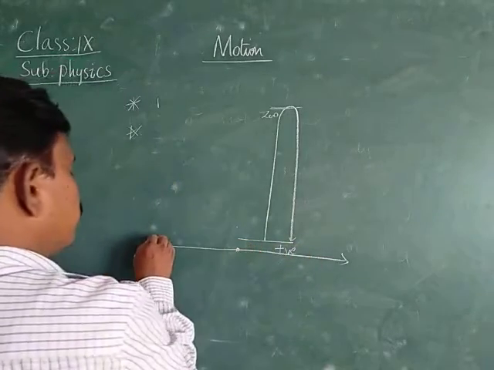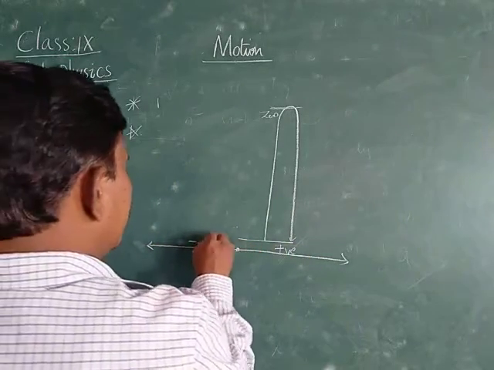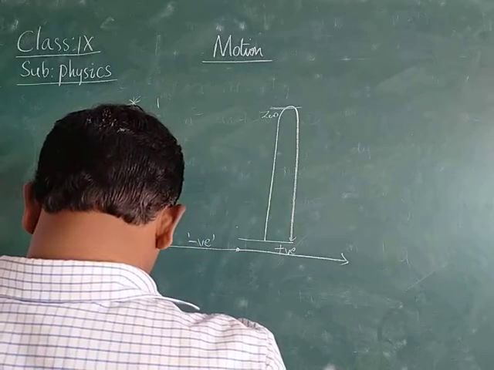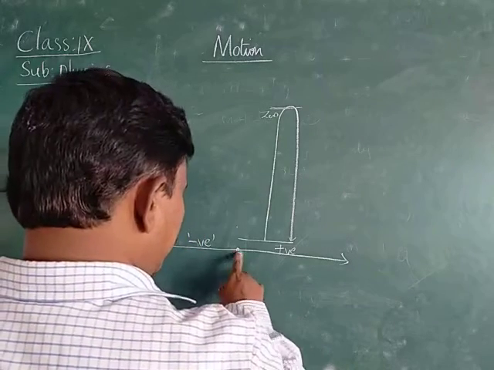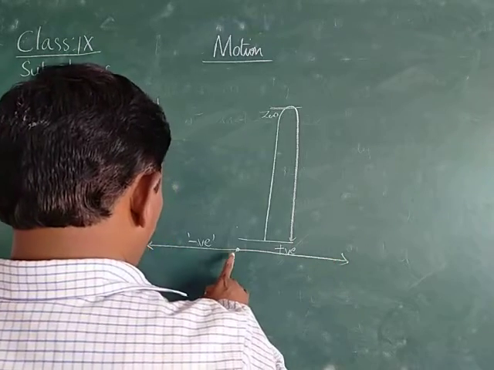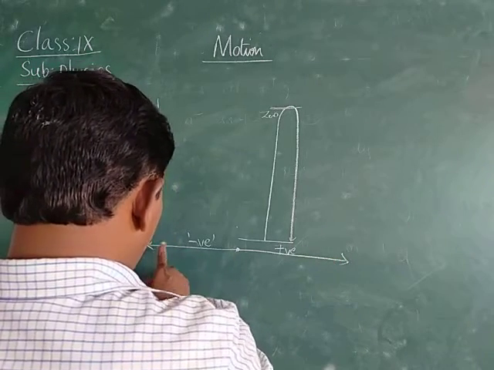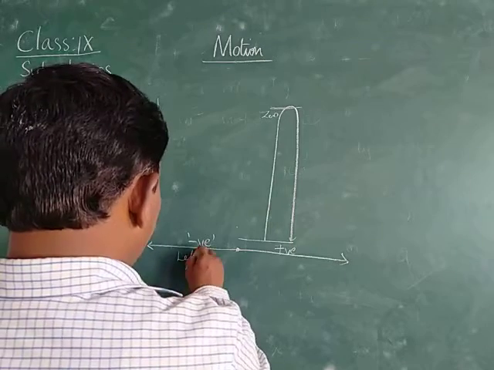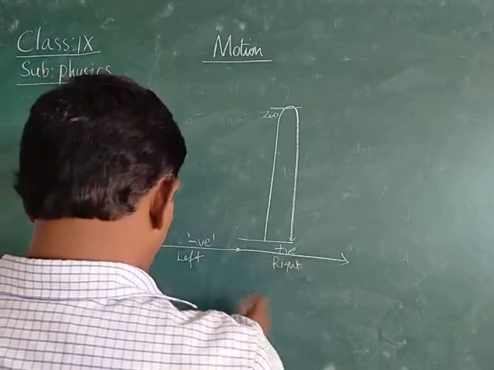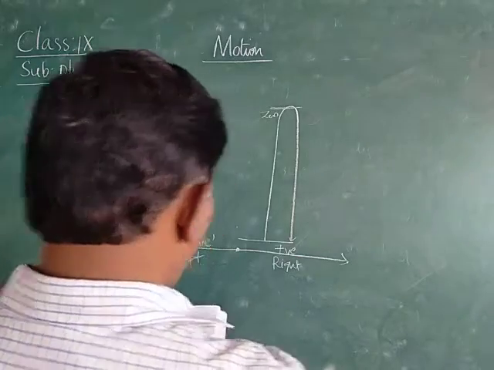If the object is moving towards the left, it is taken as negative. In a straight line, the quantities directed towards the right side are taken as positive, and the quantities directed towards the left side are taken as negative.